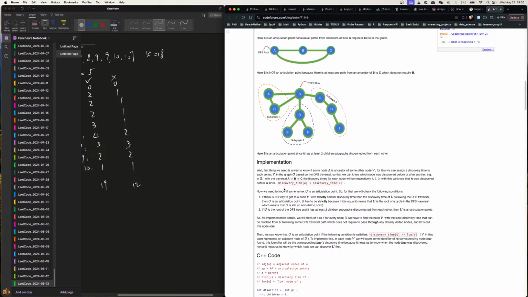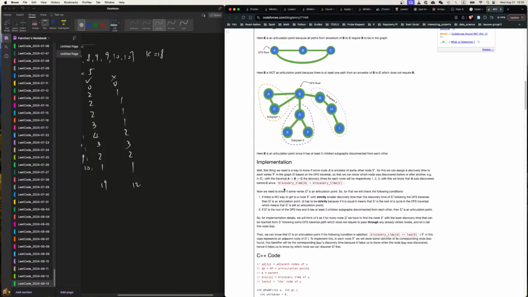Okay, yeah, I agree. Which means if V can only be reached with the same discovery time as U or larger than U, right? No way to get to V with strictly smaller discovery time than the discovery time of U.